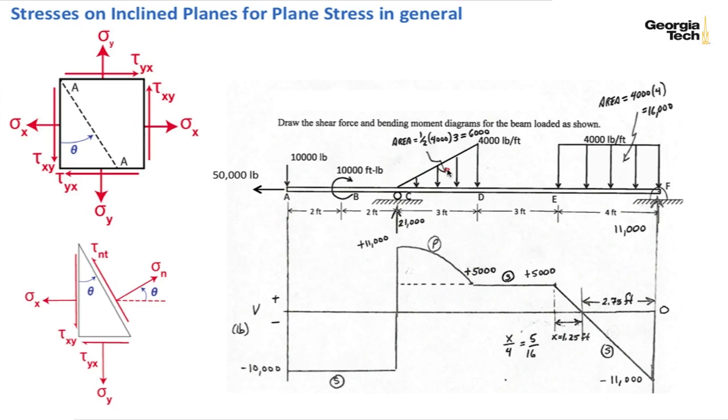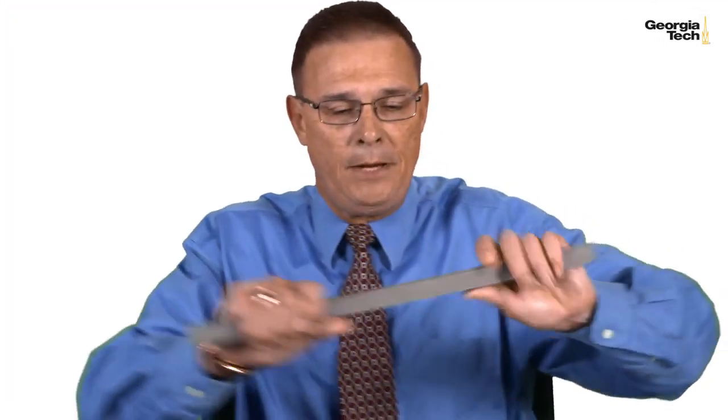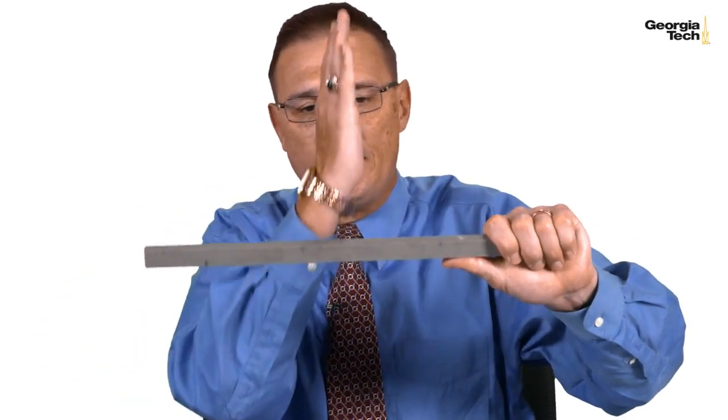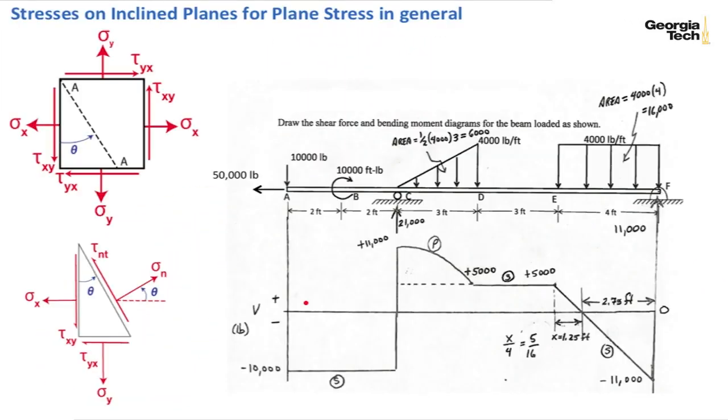But I can cut the beam at any point and find the internal forces acting on an infinitesimally small part. So on this beam here, I could have a certain type of loading, make a cut, and in general find these stresses, the normal stresses and the shear stresses from the external loading.